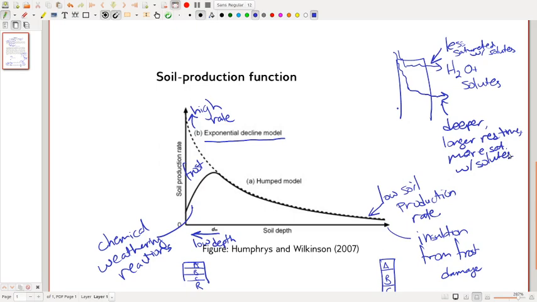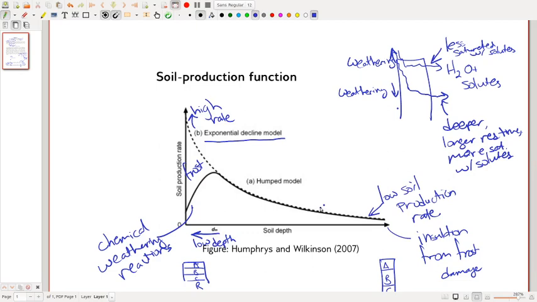So, because of that, and because of similar arguments that can be applied to biological processes as well, we actually don't see as high weathering rates in deep depths as we do near the surface. So, weathering high and weathering not so high.